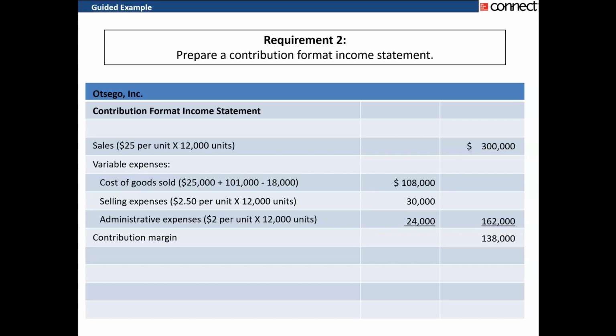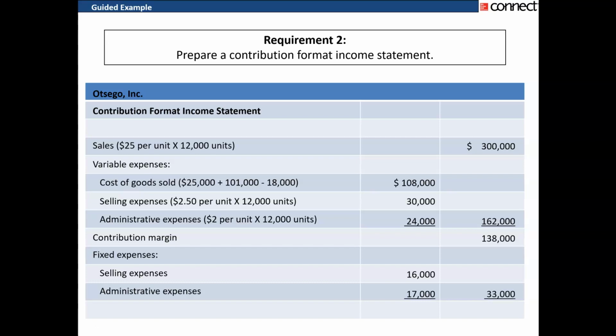With the contribution format, instead of finding the gross margin, we're finding the contribution margin. The contribution margin is sales minus all variable expenses. Now from here, we're going to subtract our fixed expenses, and we have two: selling expenses of $16,000 and administrative expenses of $17,000.